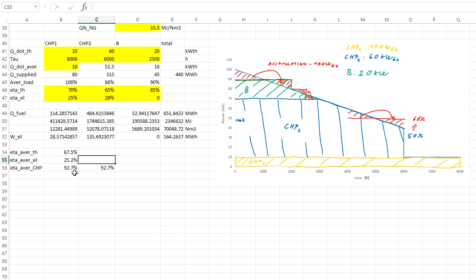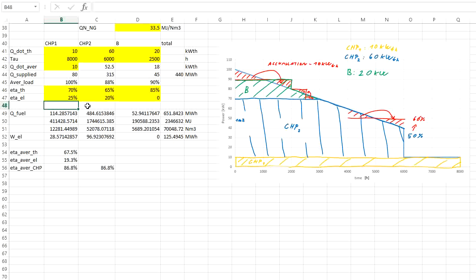If the sizing would not be done properly and if there would be lots of frequent startups and shutdowns, the average efficiencies both for electricity and thermal production could go significantly lower, and therefore also the overall efficiencies would go lower. Let's have a look what would happen if just the electrical efficiency dropped to 20%. Let's say this one can stay at 25%, but this one would drop to 20%.